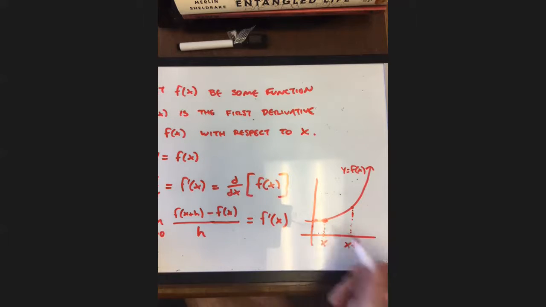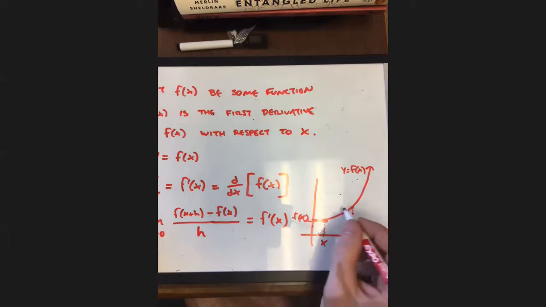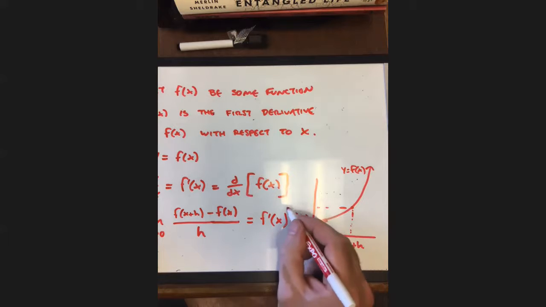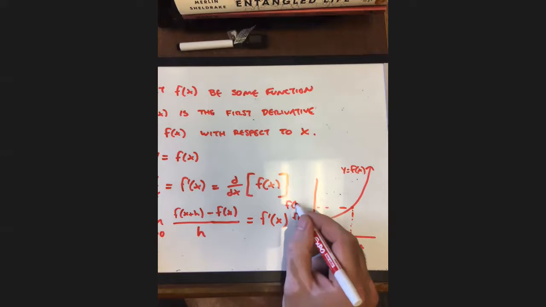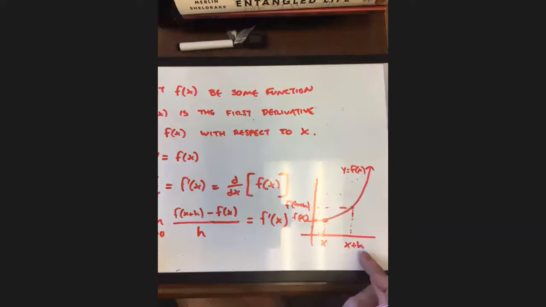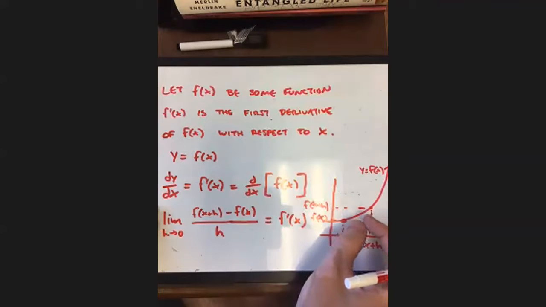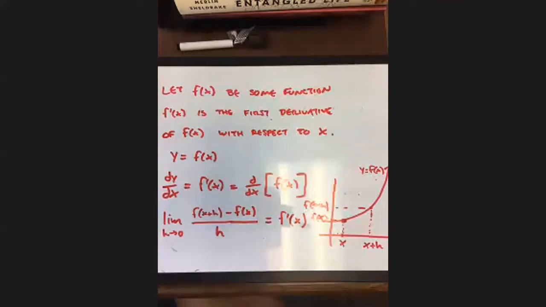And then the height of the function at those 2 points will be f of x, and the height of the other point will be f of x plus h. And so then the change in y is f of x plus h minus f of x. And the change in the x direction would be x plus h minus x, giving us h. So it's really just a slope calculation where we're now squeezing these 2 points as close together as we can. That value of h is going to diminish down as close to 0 as we can make it.